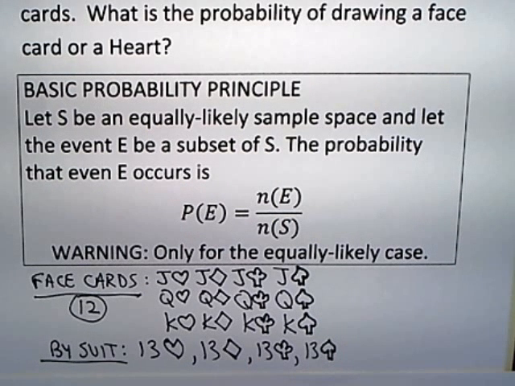The union rule for probabilities says that if you have an overlap, you've got to subtract off because you counted things twice.